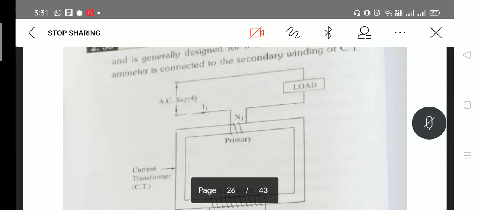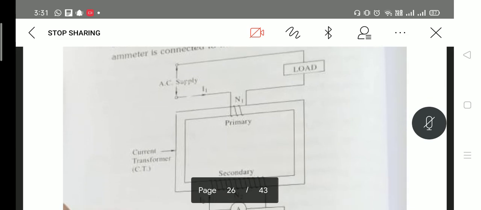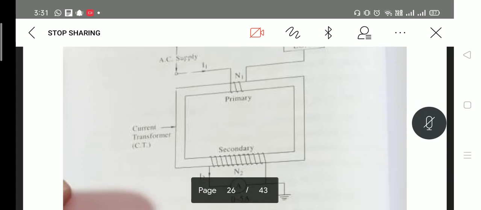Okay, in the construction of the current transformer, on the primary side we connect the primary voltage with very thick wire and few turns, and on the secondary side we connect thin wire with more turns.